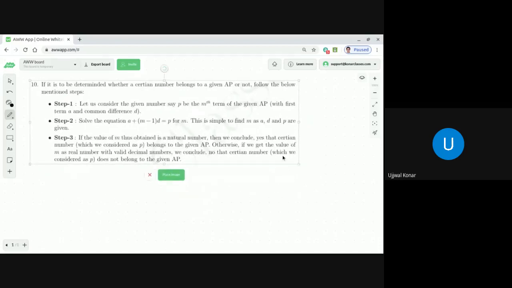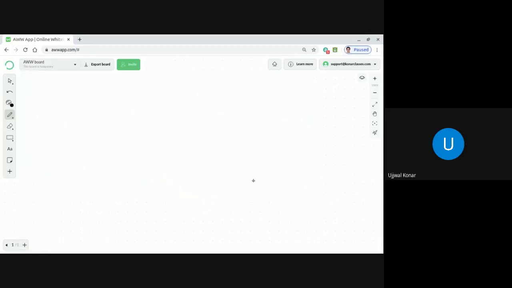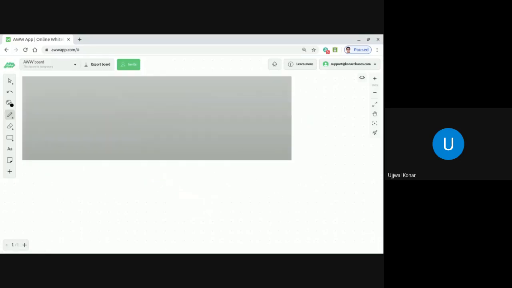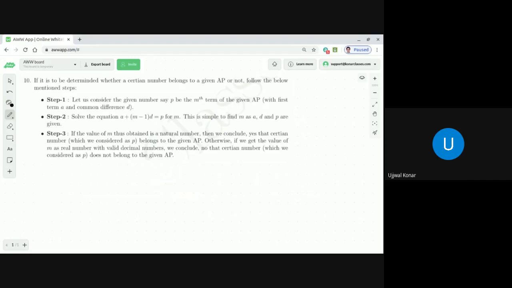I hope all of you are able to view the note I placed now, correct? So, just quickly, because we had already discussed this yesterday: if it is to be determined whether a certain number belongs to a given AP or not, we should follow the steps mentioned below.